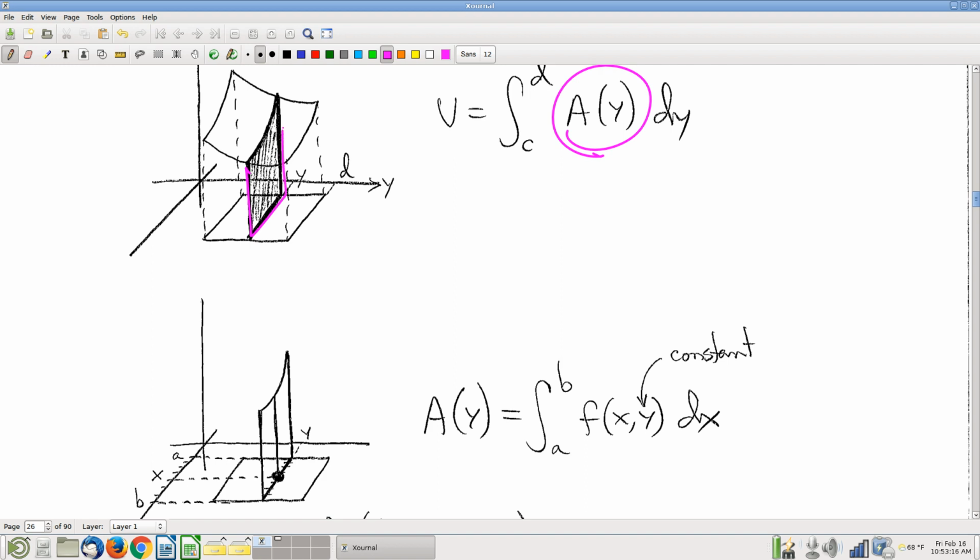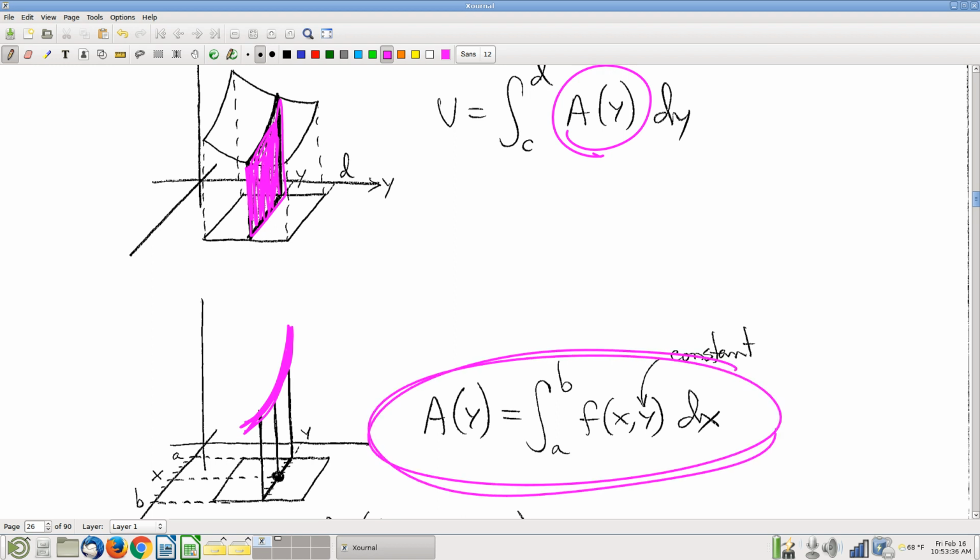That area, I will observe, is the area under a certain curve. It's the curve that you get when you take that cross-section of the surface. And we know how to compute the area under a curve. The area under the curve is an integral itself.